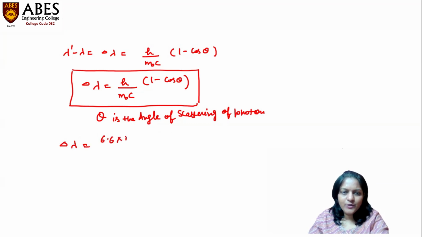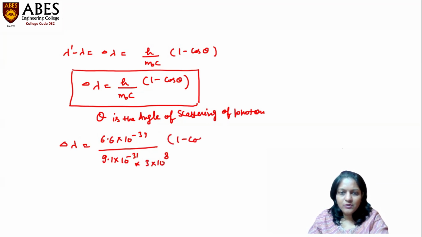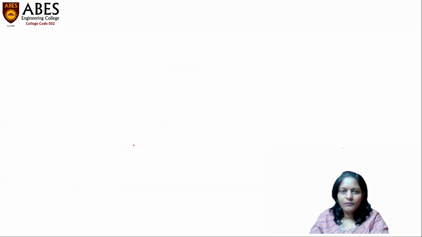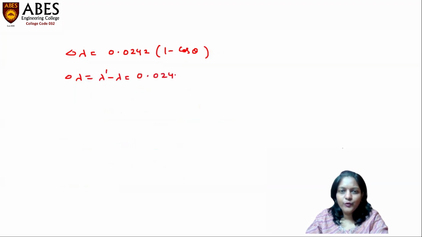Putting the values of h as 6.6 × 10⁻³⁴, rest mass of the electron as 9.1 × 10⁻³¹, and c as 3 × 10⁸, Δλ becomes 0.0242 (1 − cos θ), or Δλ = λ' − λ = 0.0242 (1 − cos θ).